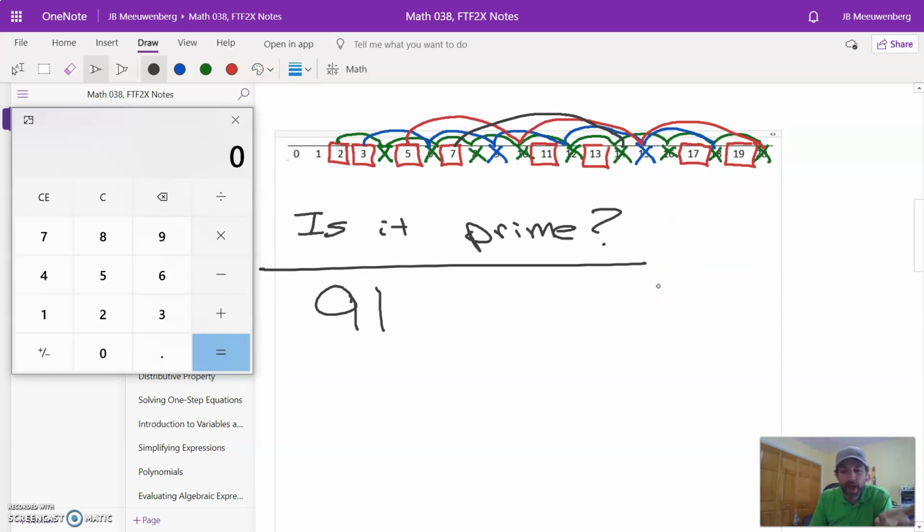Does it have any other factors other than 1 and 91? And factors would be things that 91 is divisible by. So you can check to see if 91 is divisible by other numbers, specifically the prime numbers. So we're just going to check to see if 91 is divisible by any of these other prime numbers.